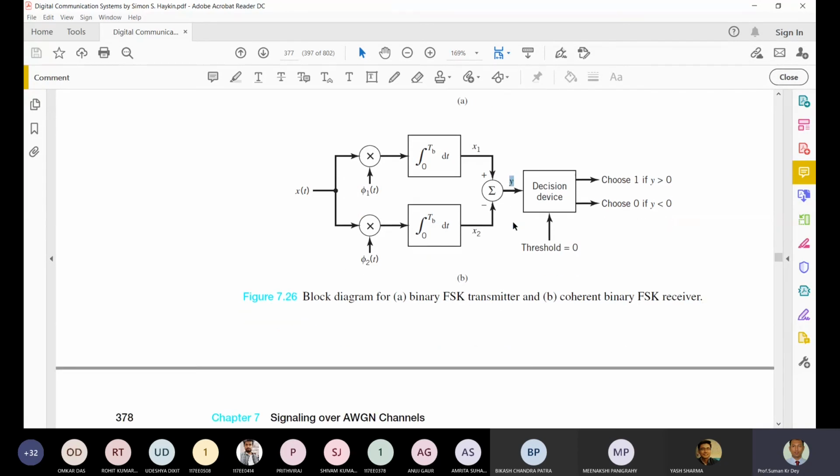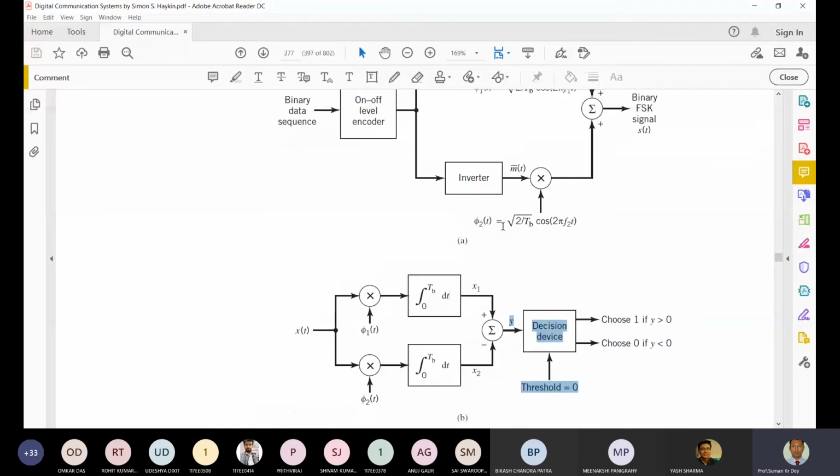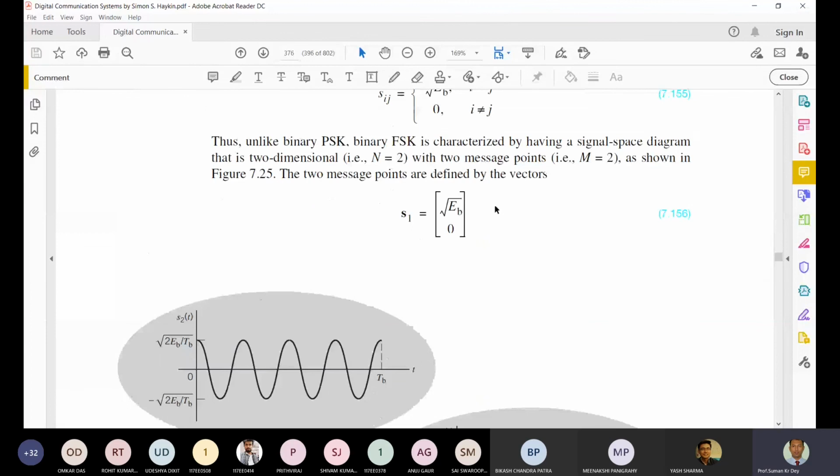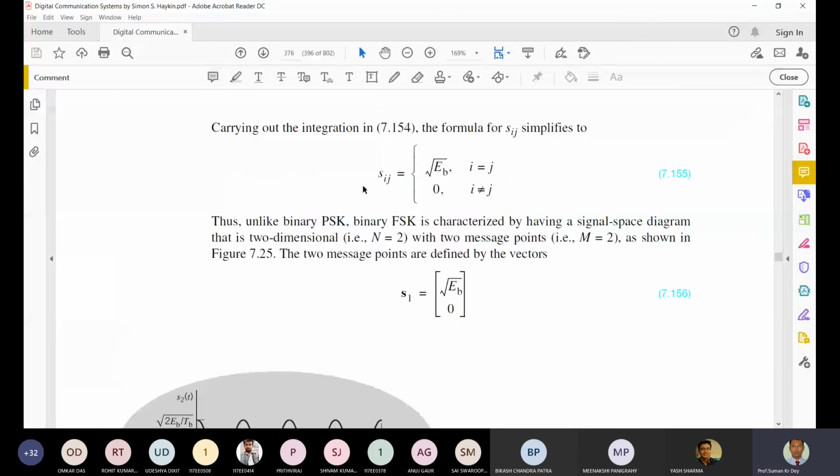So what are the mean values for the Gaussian distributions of x1 and x2? From the expression, for x1 the mean value will be square root of Eb, and for x2 the mean value will be 0.